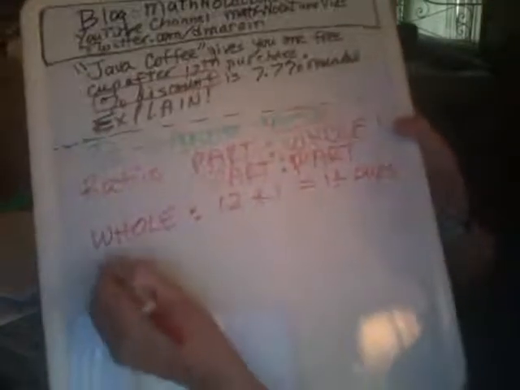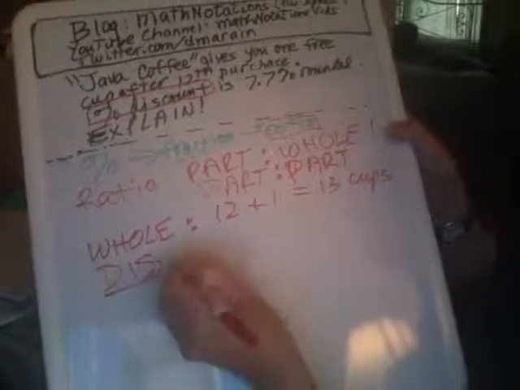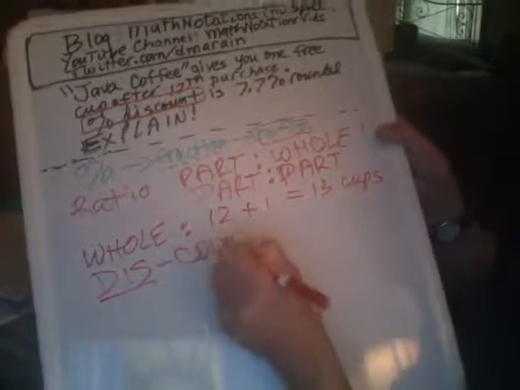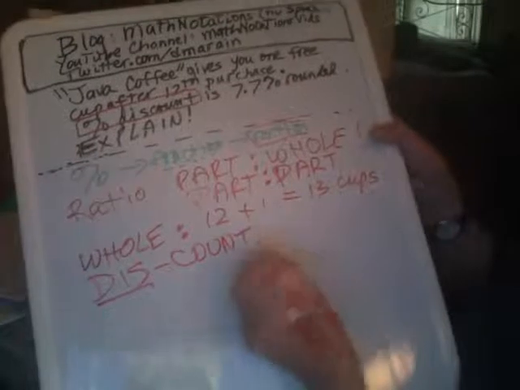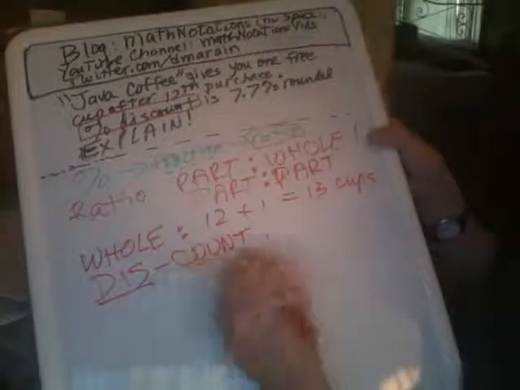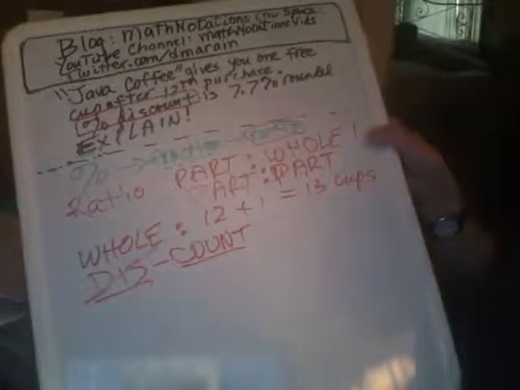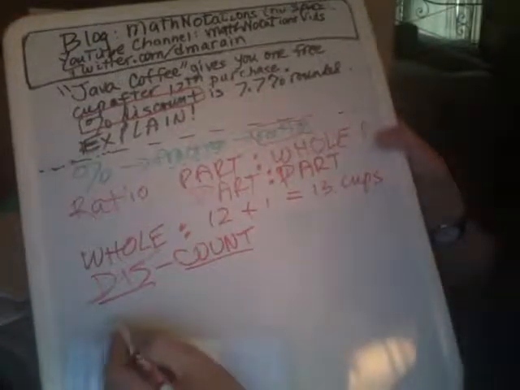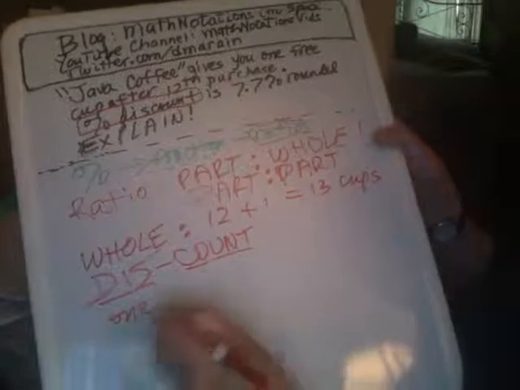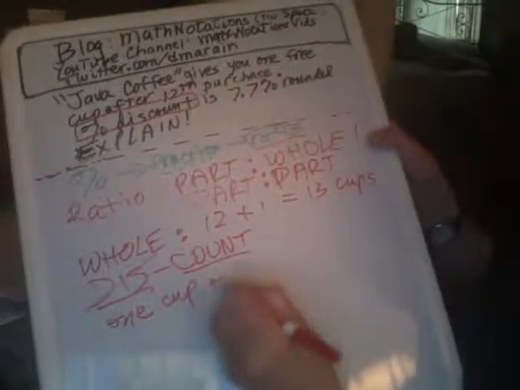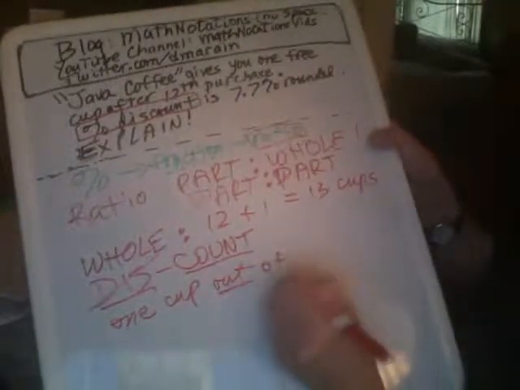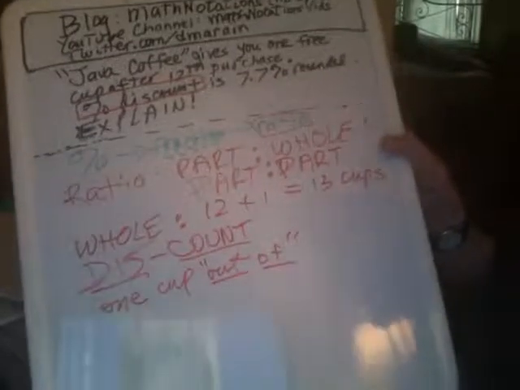So when I think of the word discount, since I like to think of myself as one who appreciates language, to me that means not count. And so what are we not counting? We're not counting 1 cup out of, I'm a big believer in this phrase, to help youngsters build fraction concepts.